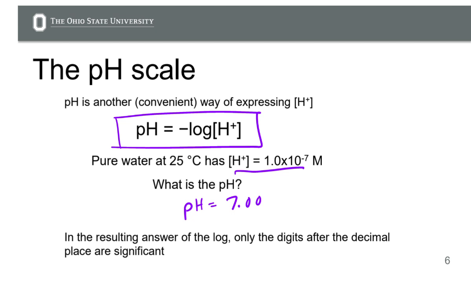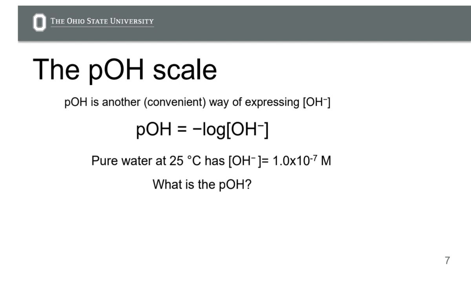Other questions? Okay. We calculated last time that at 25 degrees Celsius, the H plus concentration and the OH minus concentration were equal. They're both 1 times 10 to the minus 7 molar.